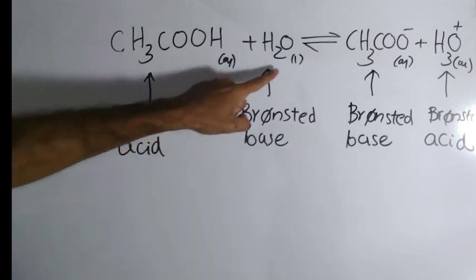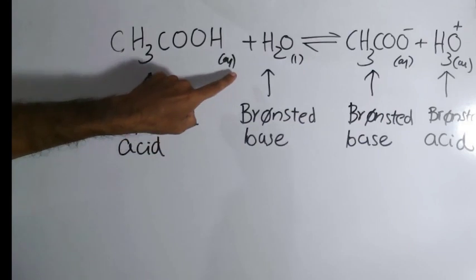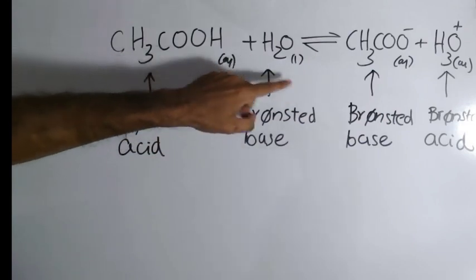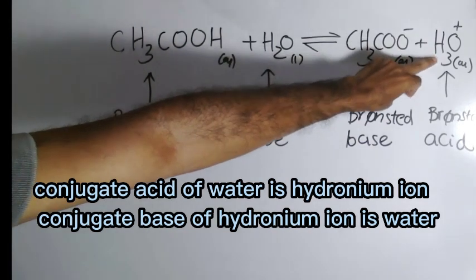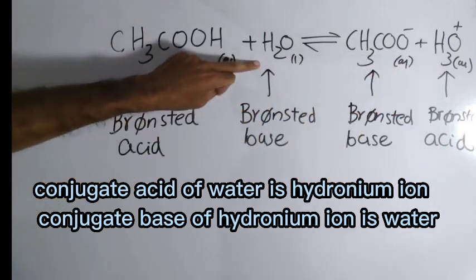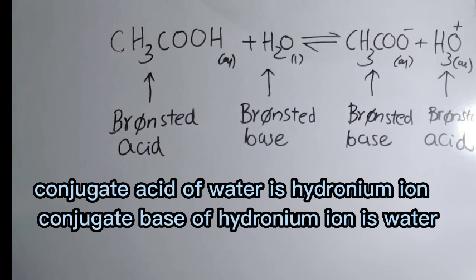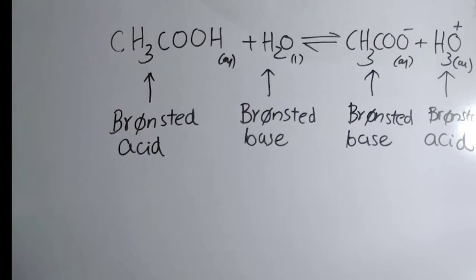Similarly, water and hydronium ion are conjugates. Then the conjugate acid of water is hydronium ion. The conjugate base of hydronium ion is water. So this is how the conjugate system works in Bronsted-Lowry theory.